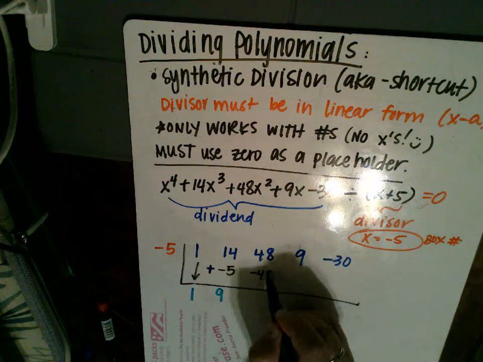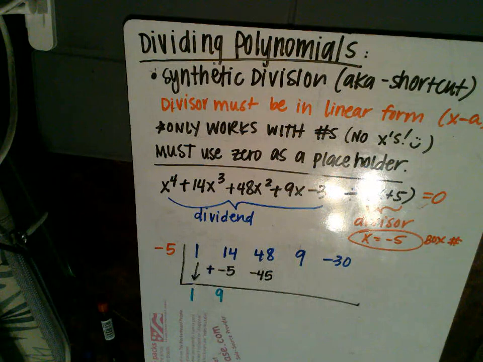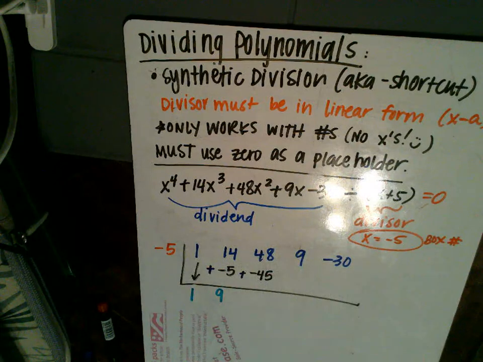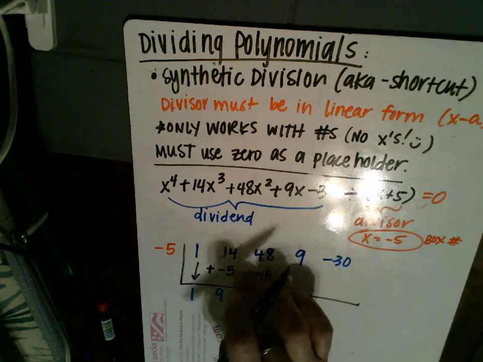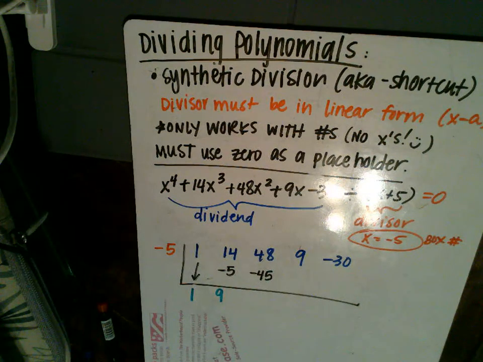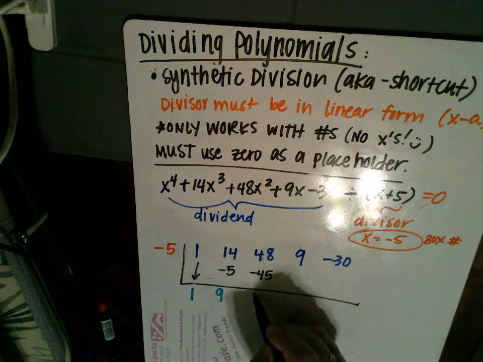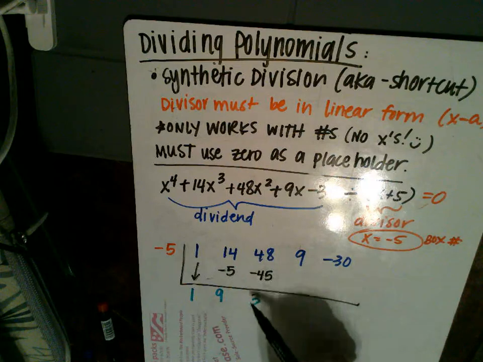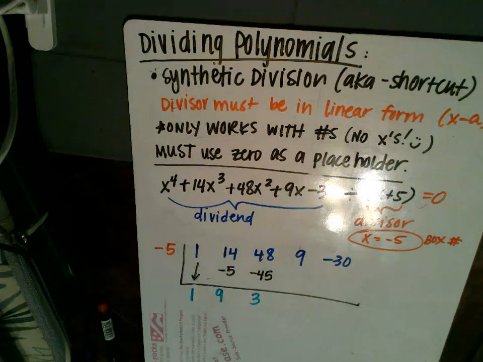I write it in the next spot, and I add vertically. Okay, so that's what those little plus signs are. 48 plus negative 45 leaves us with 3. Okay, 48 minus 45 is 3.